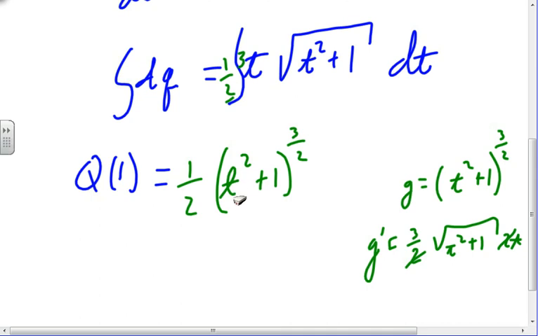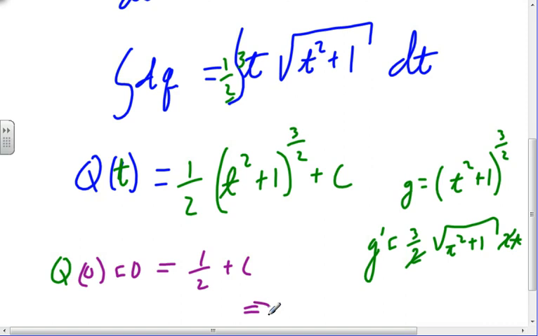Because if I did, the value at 0 would not be 0, and it has to be 0 plus c, some constant of integration. I'm going to change that to a t. Okay, so q at 0 is 0, which is 1/3 plus c, implying c is equal to minus 1/3.